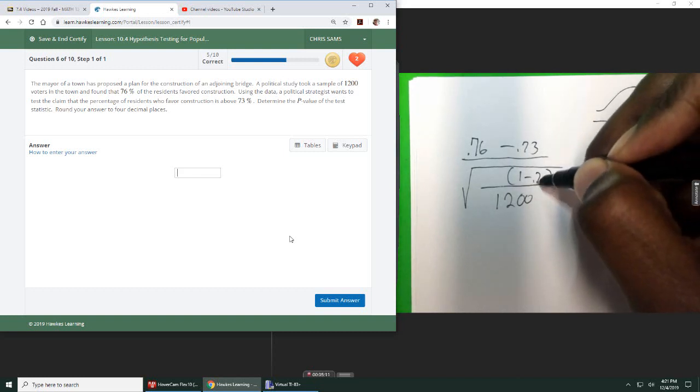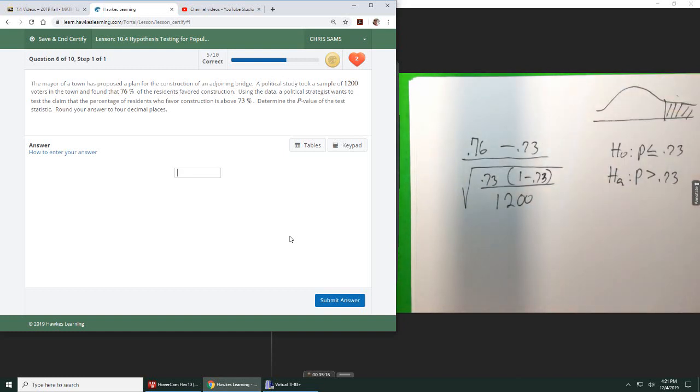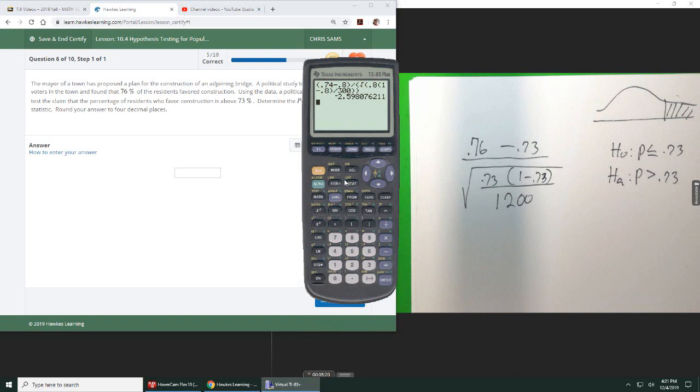This will be p less than or equal to 0.73, but we don't need it for this problem. So I need 0.73, and I need 0.73. Okay, so once again, I am going to second enter, just type over what I have here, and add what I need in. So we got 0.76 minus 0.73. So I only got one place.